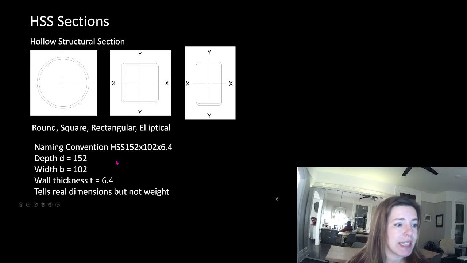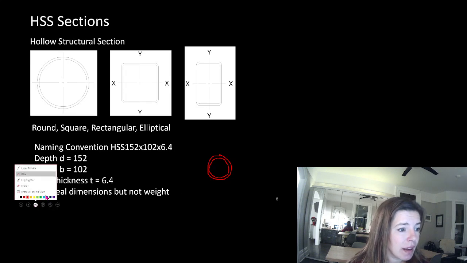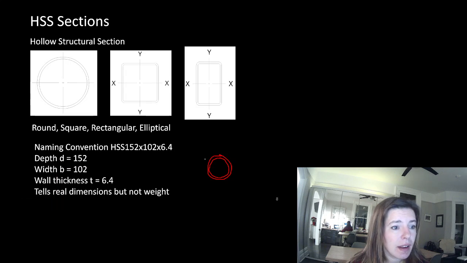What I have seen happen is this. So structural round HSS, and then plate steel welded onto it.